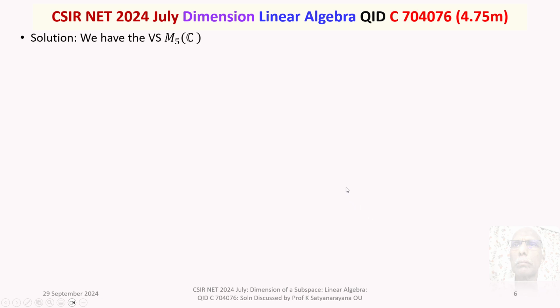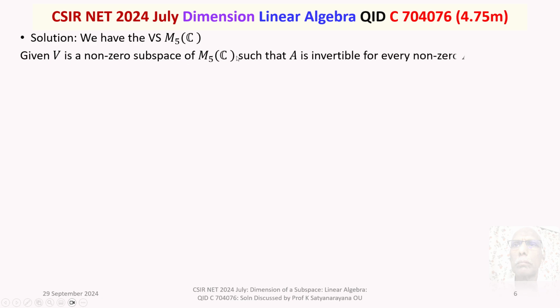We have the vector space M5 over C. And given V is a non-zero subspace of M5 over C such that a matrix A is invertible for every non-zero A belonging to V. So, who are the elements of V?